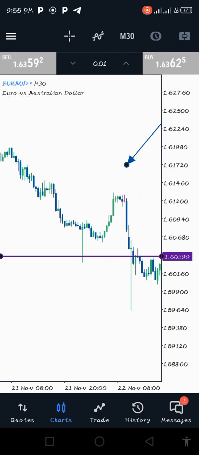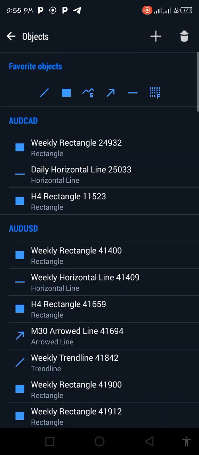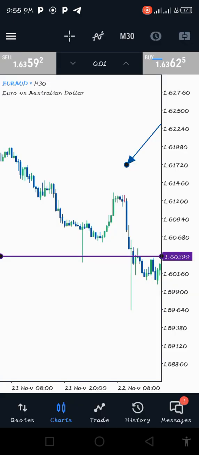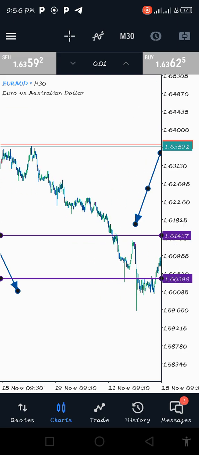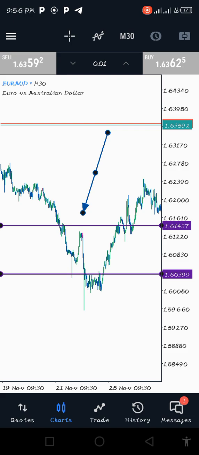But we did not see a change in character from that pin bar interaction with our major zone. We did not see price react from this major zone, giving us a pin bar that would break this lower high. Okay.